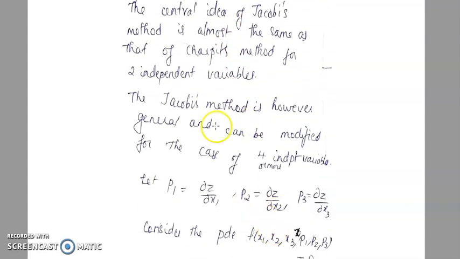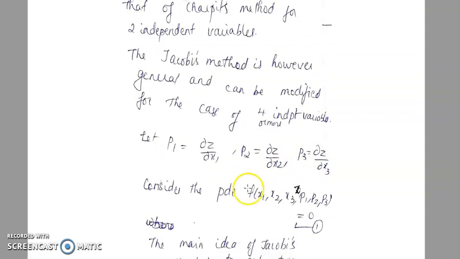I am taking p1 = ∂z/∂x1, p2 = ∂z/∂x2 and p3 = ∂z/∂x3. So my PDE is of the form f(x1, x2, x3, z, p1, p2, p3) = 0. The independent variables are x1, x2, x3, z is the dependent variable, and p1, p2, p3 are the partial derivatives with respect to x1, x2, x3.